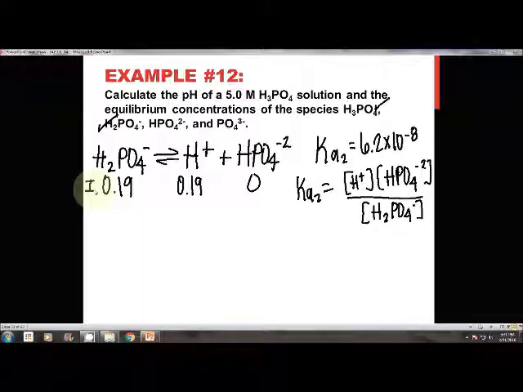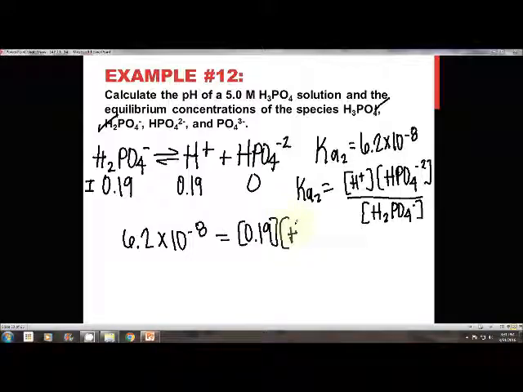Well, with this information, I'm not even going to show you the rest of the chart because looking at our Ka expression, if I plug in my information, I have 6.2 times 10 to the -8 equals 0.19 times the HPO4 minus 2 over 0.19. Guess what? The 0.19's cancel out.